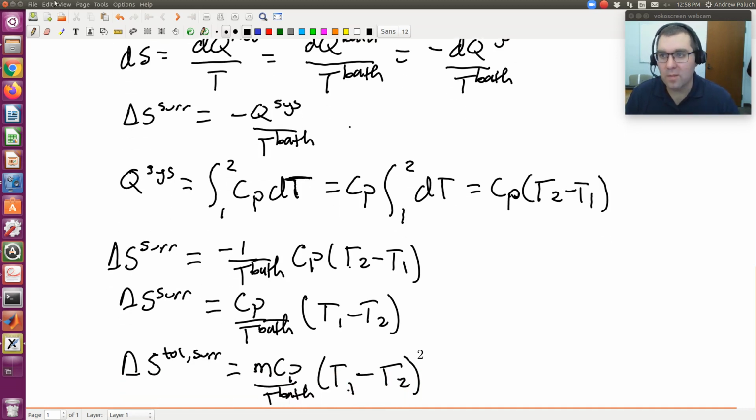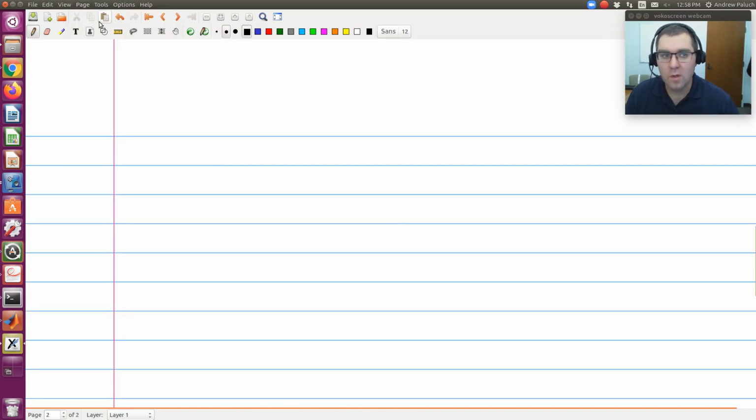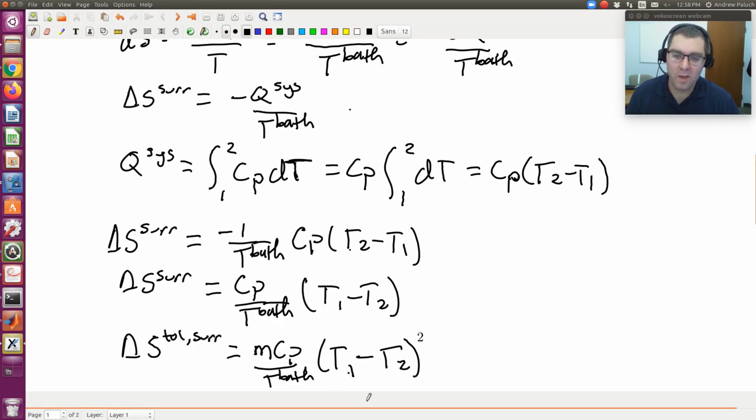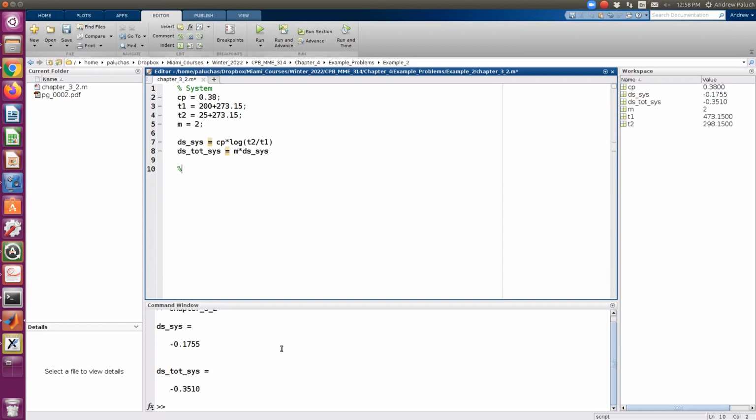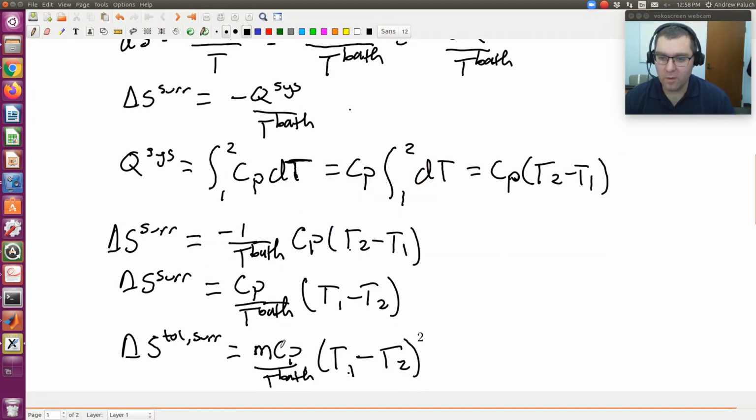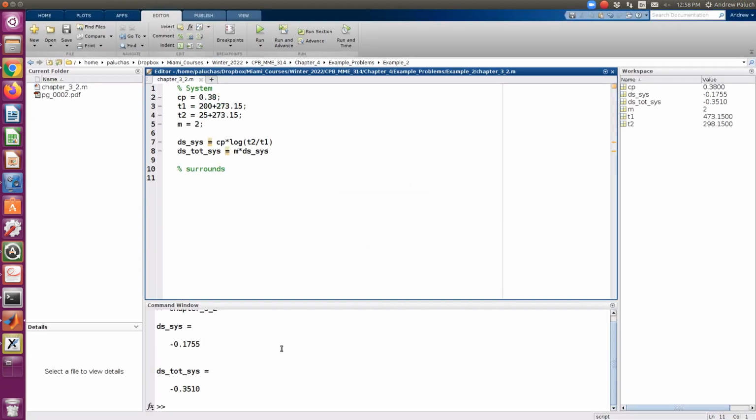All right, so let me add a new page. We'll go over to MATLAB again and compute these two, and then see what we have. So for my surroundings, I already have all the quantities I need. T bath is just equal to what I was calling T2 up there.